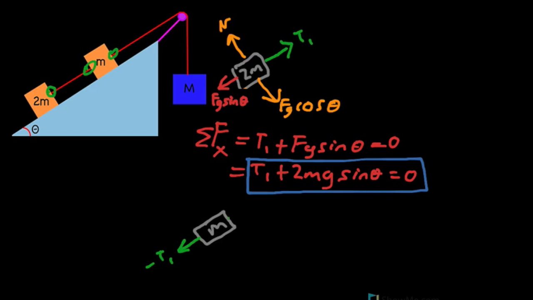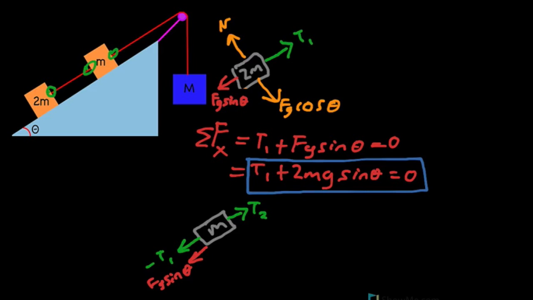Meanwhile, the tension force acting in the opposite direction we're going to call T2 because it's part of the second string. And now finally, there's also a gravitational force acting on this object, and so we're just going to call that Fg sine theta because it's also acting in line with the incline.